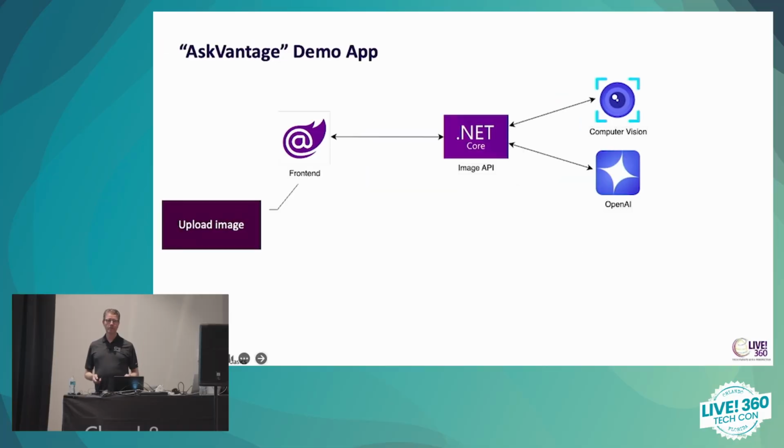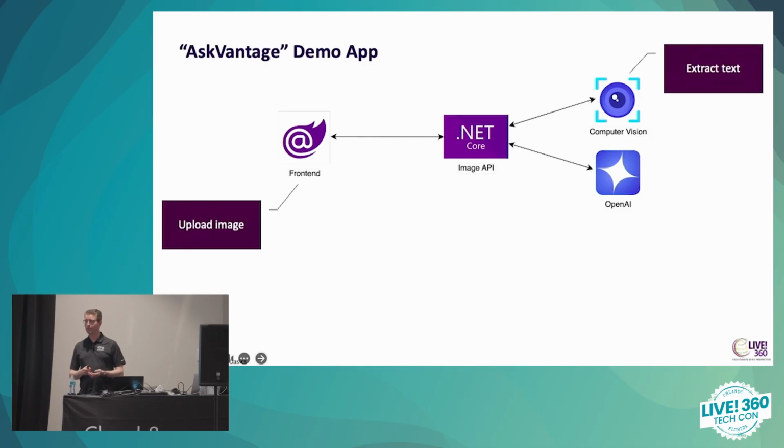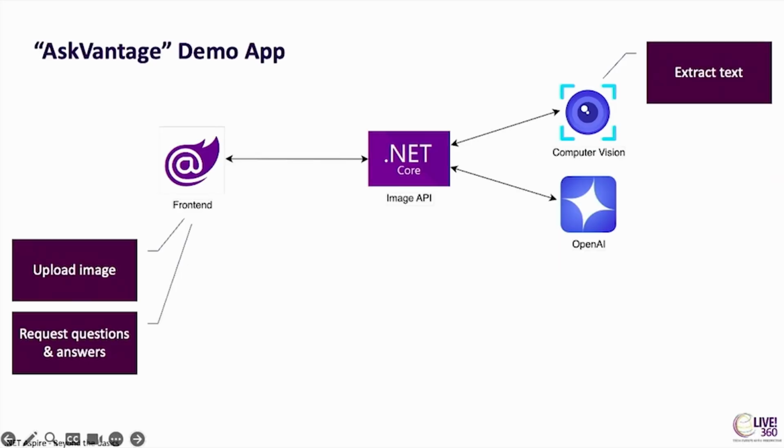Imagine you are a student or, well, you never stop learning, and you need to learn about a text. This tool allows you to upload a picture of the text, and then it will send it to OCR, so it will extract text from the picture, and then send it back to the front end, at which point you can say, generate some questions and answers for me.